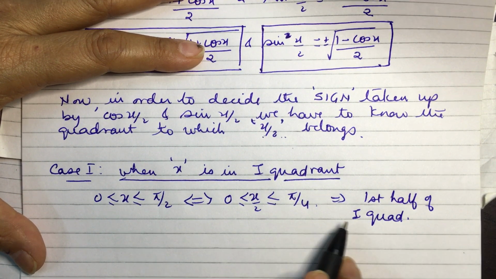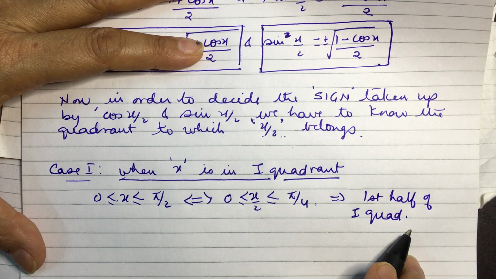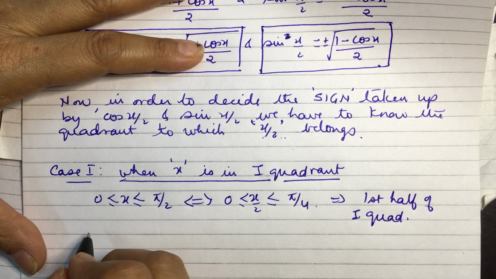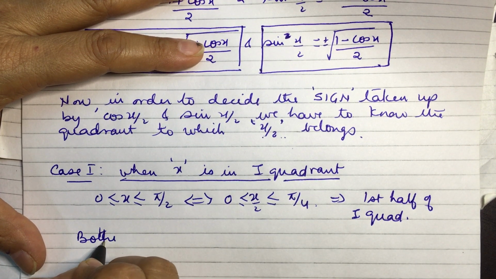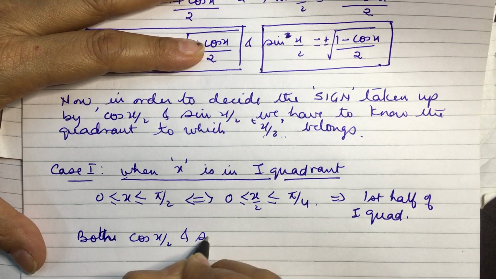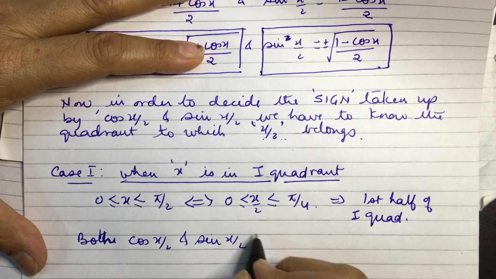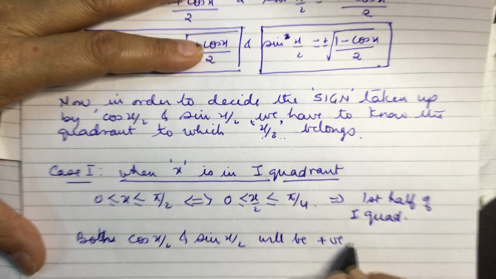Okay, now whether it is first half or whatever, it is in the first quadrant, and since it is in the first quadrant, both cos x by 2 and sin x by 2 will be positive.